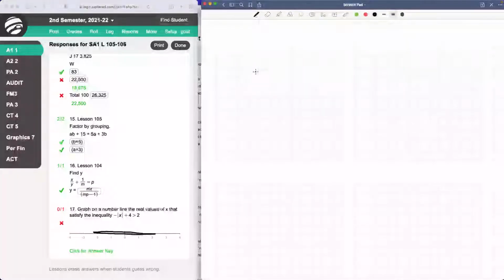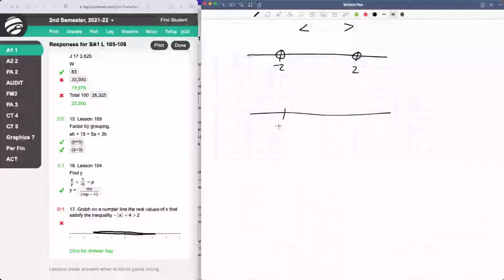So to refresh your memory, when you have a number line, let's say this is -2 and this is +2, if you have a less than symbol or a greater than symbol, you have an open circle. If you have a less than or equal to or a greater than or equal to, you need a closed circle.